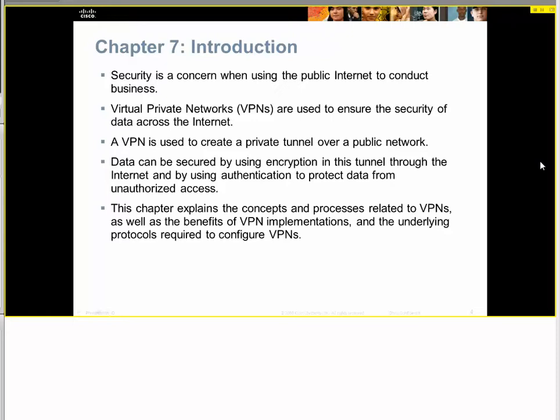So this is achieved by creating a virtual private network. What's a virtual private network? It's a point-to-point tunnel connection between the two endpoints. Now, virtual simply means that the connection between one end and the other doesn't really exist as a fixed connection.